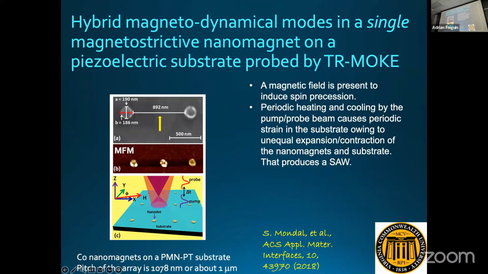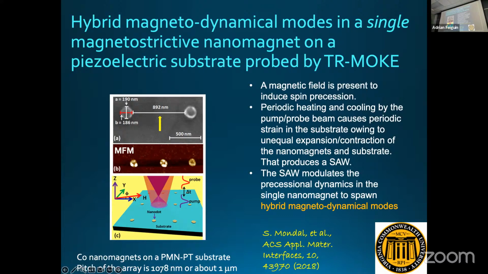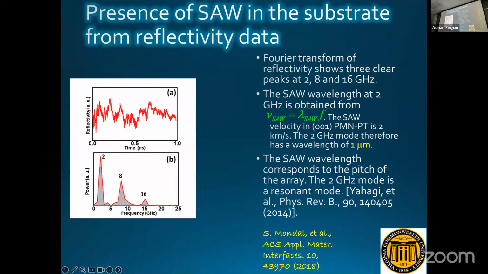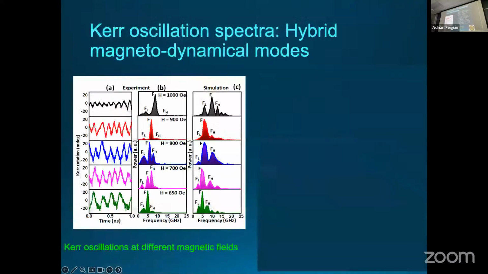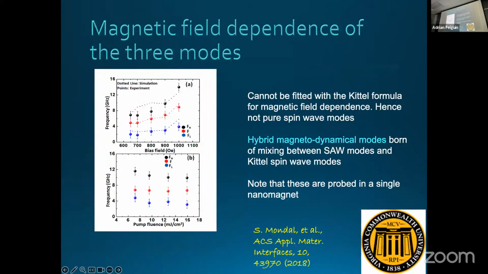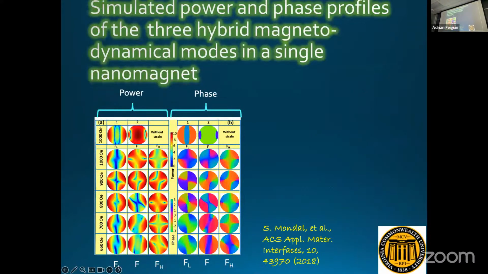So you can have one mode along this direction, a different mode along that direction, etc. That is why you can have coexistence of multiple modes inside a magnet. And then, of course, when you bring in the phonons from the SAW, it becomes even more complicated because you have this hybridization going on. And because of that hybridization, we have these crazy power and phase profiles that we see.